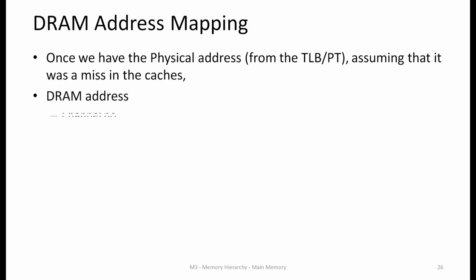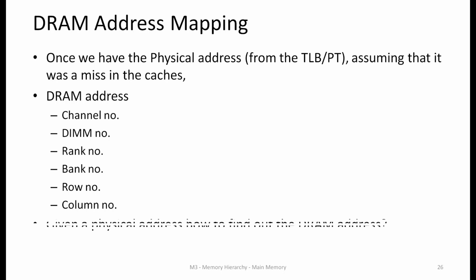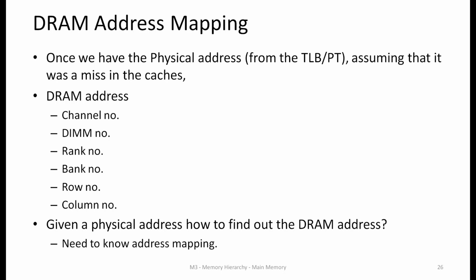Specifically, we need to know which channel it would go to, which DIMM, rank, bank, row, column. If we are able to get this, we interpret that as a DRAM address. Now for a given physical address, how do we find out this DRAM address? Here we need what's called DRAM address mapping.